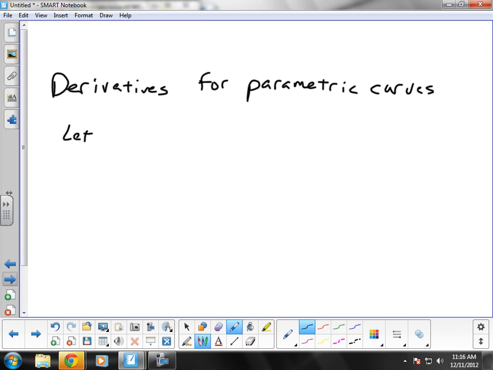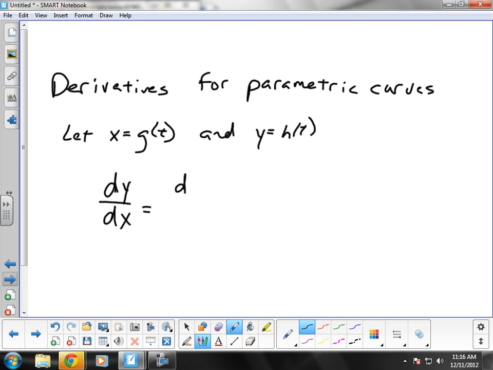So, if we let x be g of t and y be h of t, and g and h both have to be differentiable on the interval that we're talking about, okay? Then the derivative of y with respect to x is equal to the derivative of y with respect to t divided by the derivative of x with respect to t, because, right, we've got t's in our equation.